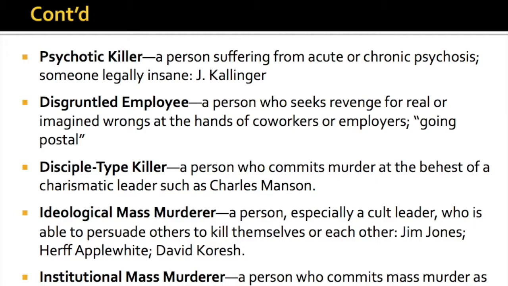Ideological mass murder, a person, especially a cult leader, who is able to persuade others to kill themselves or each other. Now they say Jim Jones and Applewhite, but David Koresh is the one that Dr. Hicks talks about if you get in a conversation with him about Waco and the Branch Davidians, if I said that right. Institutional mass murderer, a person who commits mass murder as a crime of obedience when ordered to by his or her leader.